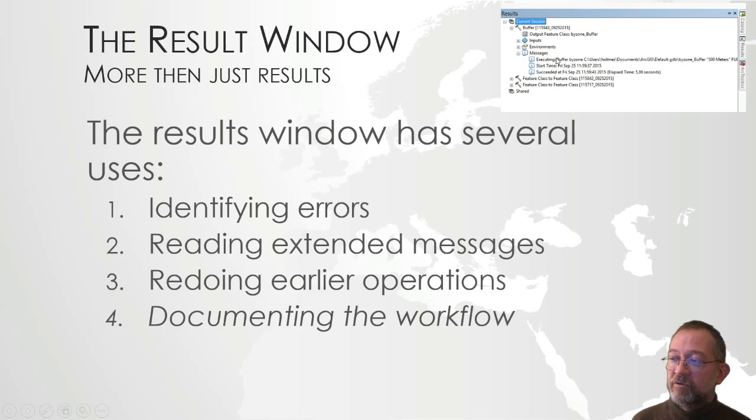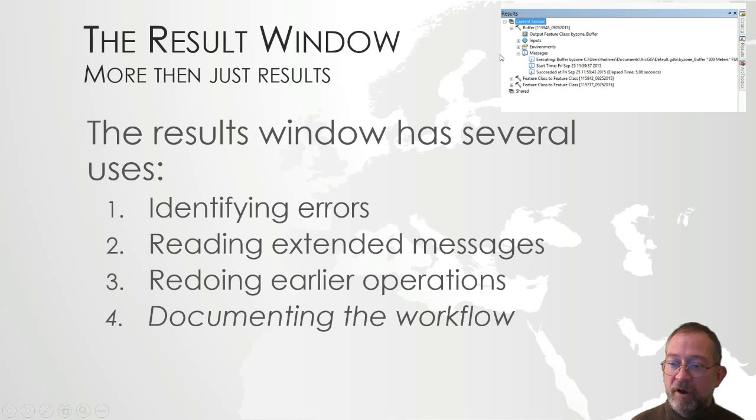There are also quite a lot of tools that give extra information, not just the output, but messages, especially the geostatistical tools. So the results window also gives access to reading these messages, or even to other outputs than files such as reports.